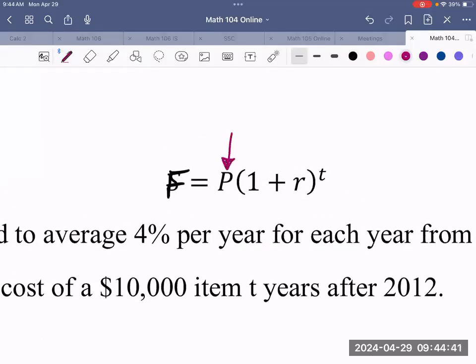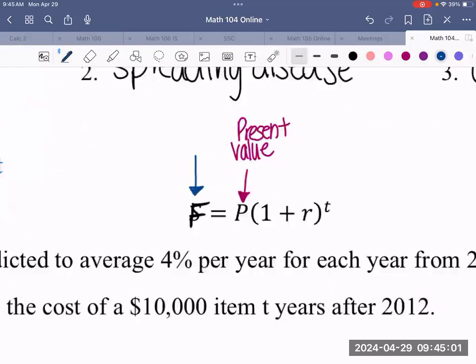P or PV stands for your present value. This also just stands for your initial, your principal, something that you have right here and right now. Which means if that P stands for present, F stands for future.